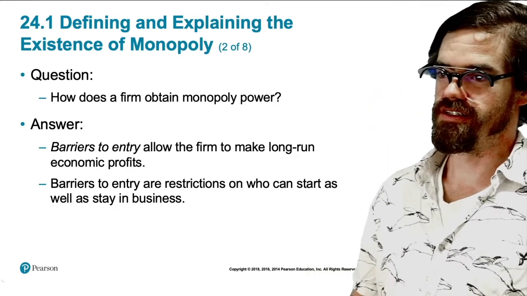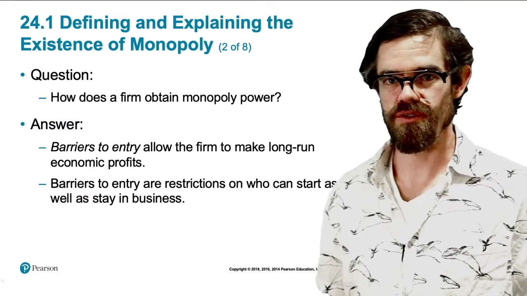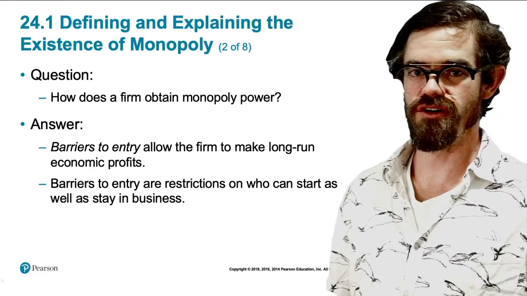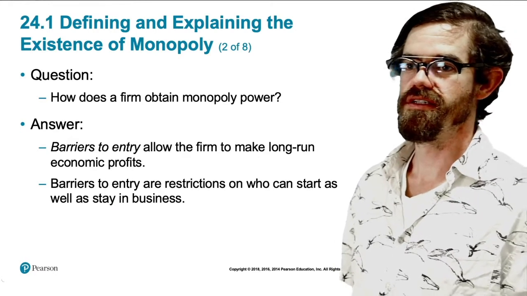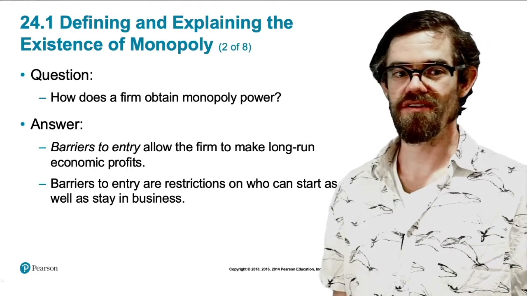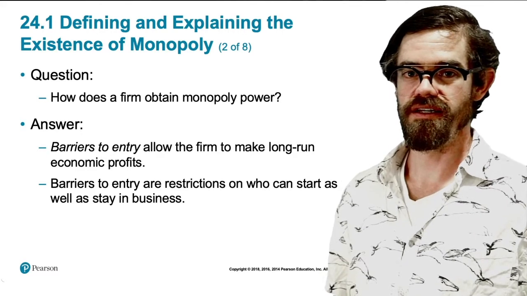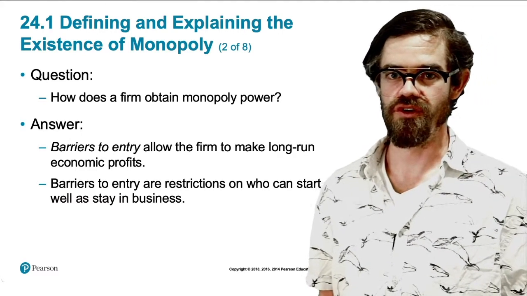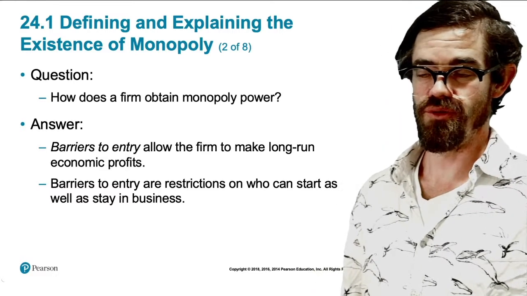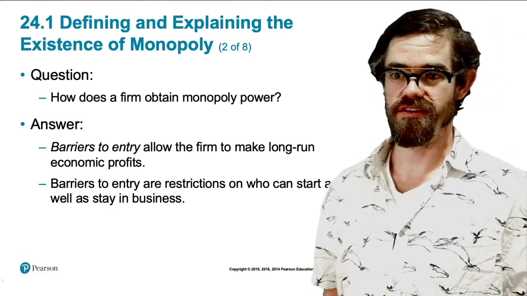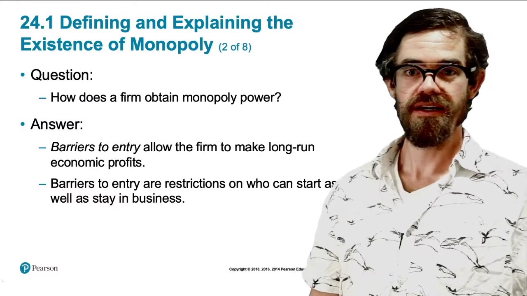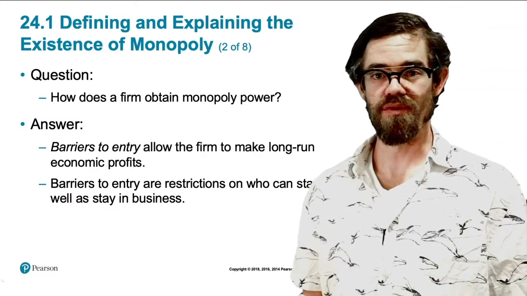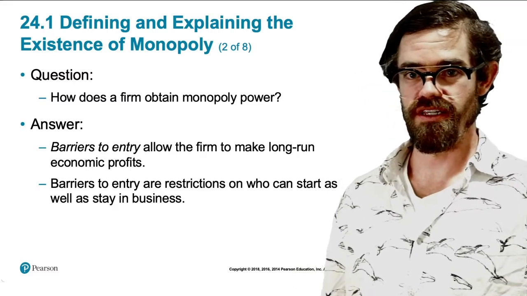This is in extreme contrast to perfect competition, where perfectly competitive firms earn zero long-run economic profit, mainly because there is free entry and exit, or in other words, there are no barriers to entry for new firms to enter the market. So when they see profits being made in an industry, new firms come in, that drives up supply, which brings price down, which drives the profits of all the firms in the industry towards zero.